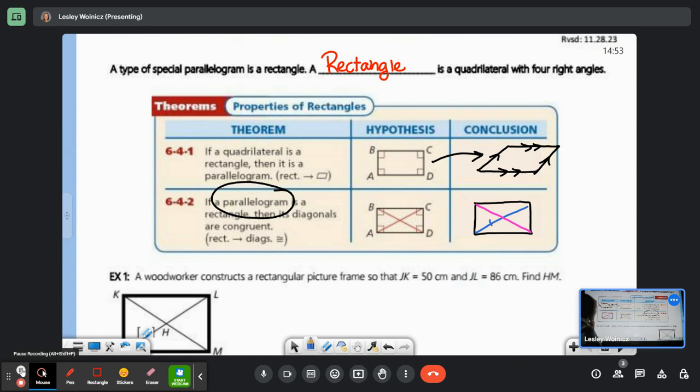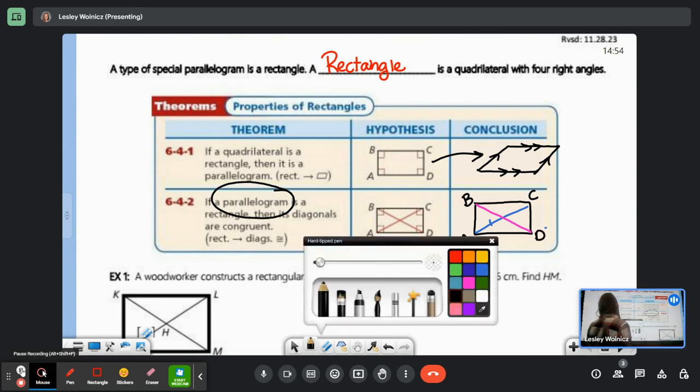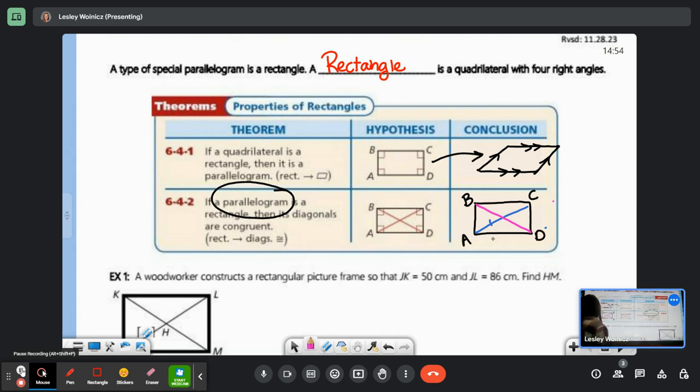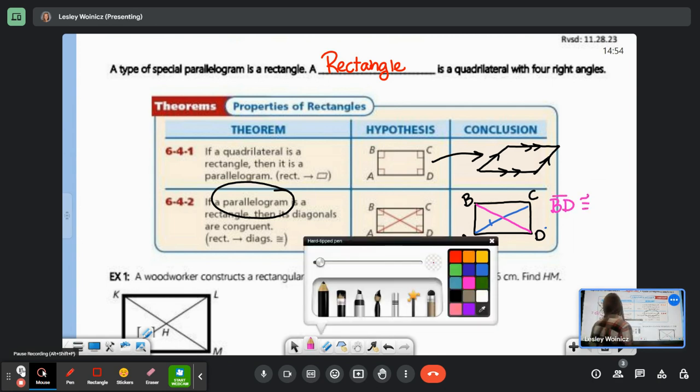I know that's what we mean, but do you see how it can be confusing when you're trying to go back to this later? All right, so let's just label it with what they've got: A, B, C, D. And then we can say that BD is congruent to AC.